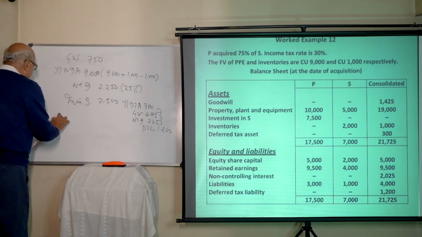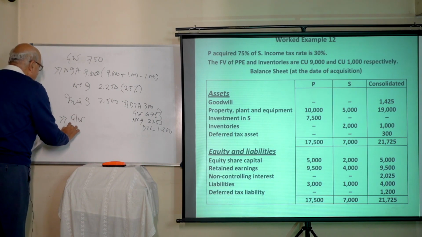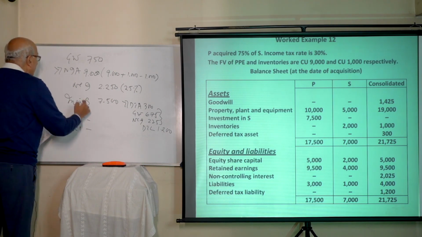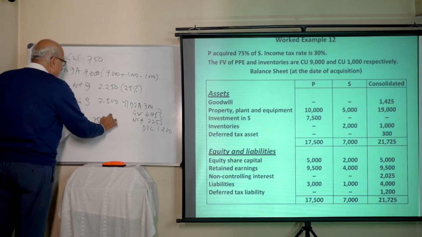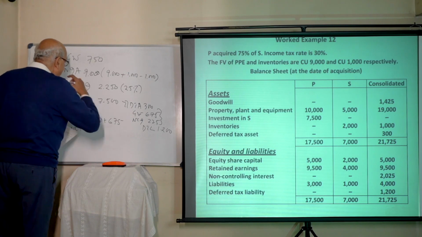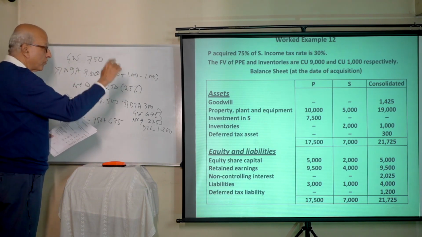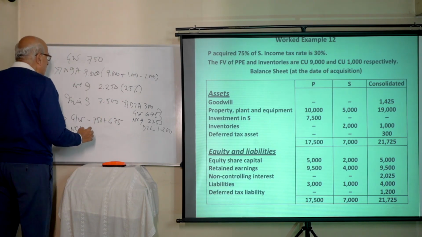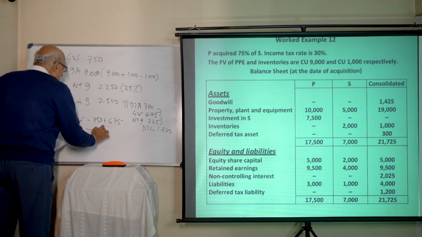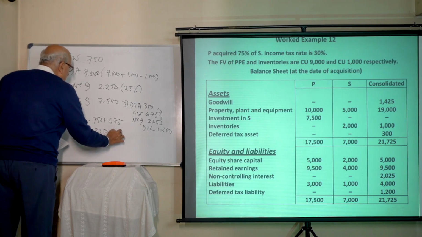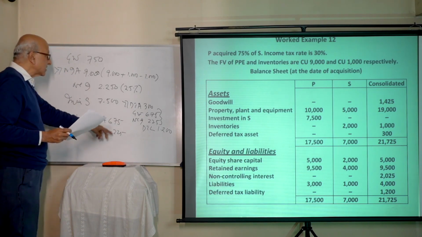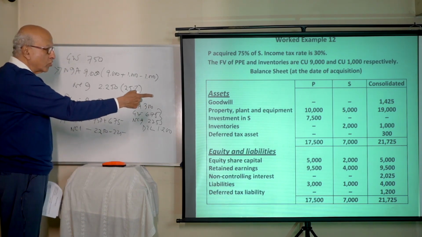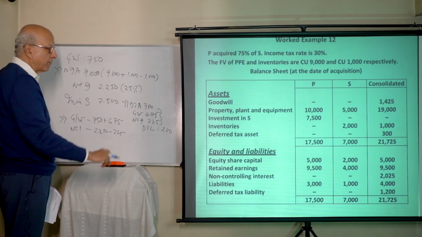So what is the value of the goodwill and what is NCI? Goodwill is 750 plus 675. That comes to how much? You see, 1425. And non-controlling interest 2250 minus 225, that comes to 2025.